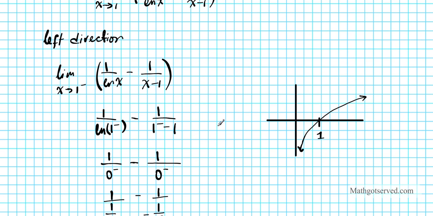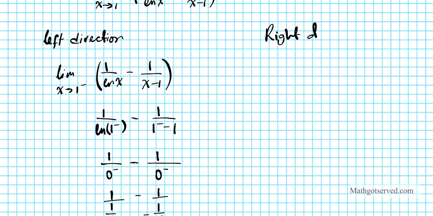We're going to approach 1 from the right direction and see what we get. What we're evaluating here is the limit as x approaches 1 from the right of 1 over the natural logarithm of x minus 1 over x minus 1.